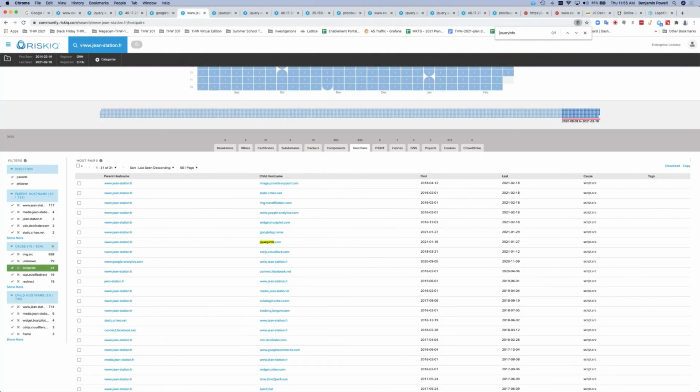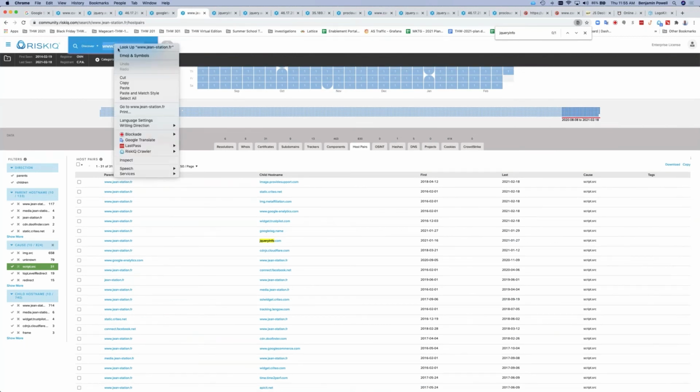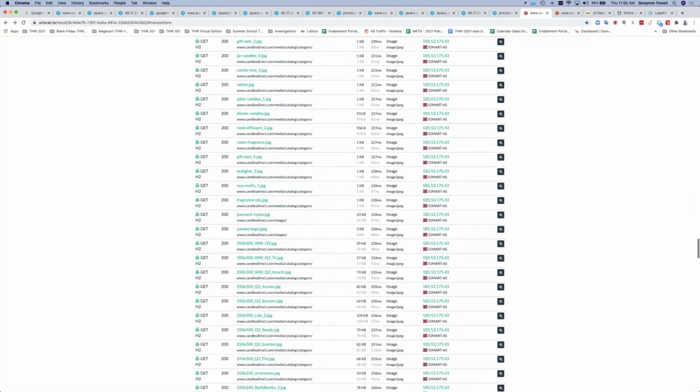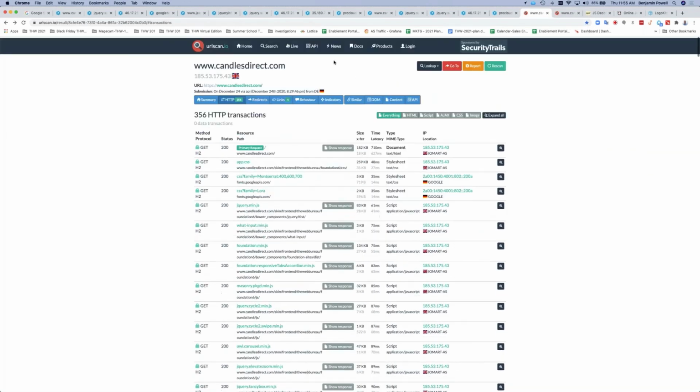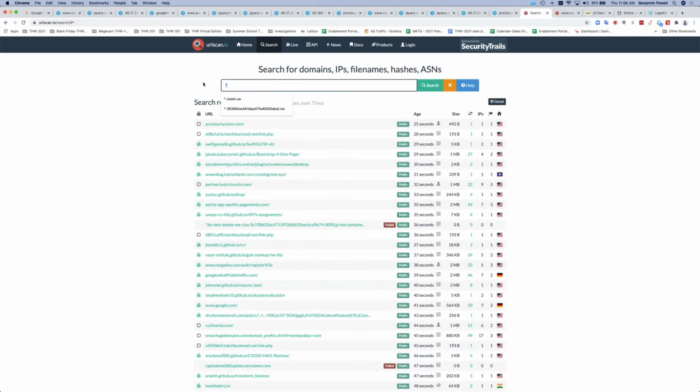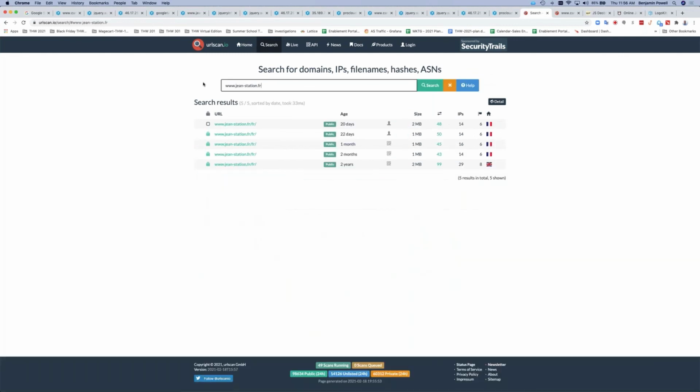So I'm going to copy this. And I'm going to go back to URLScan.io, and I'm going to click on search at the top. Let's look at search. I'm going to paste this in, and we'll see what we found.